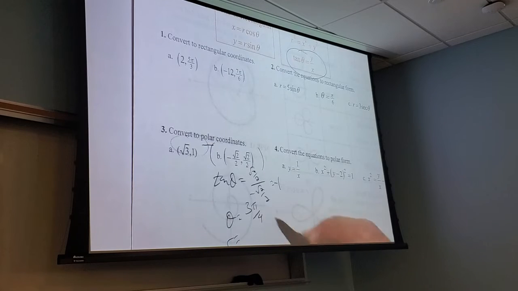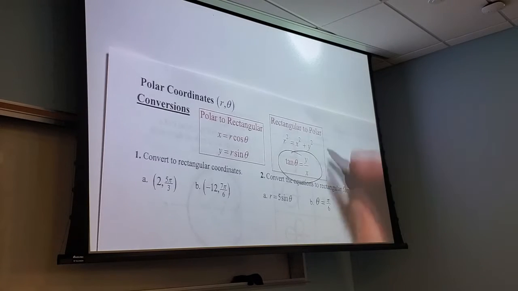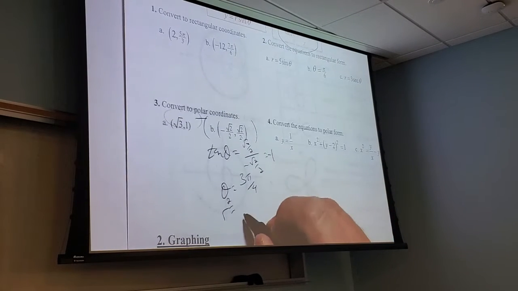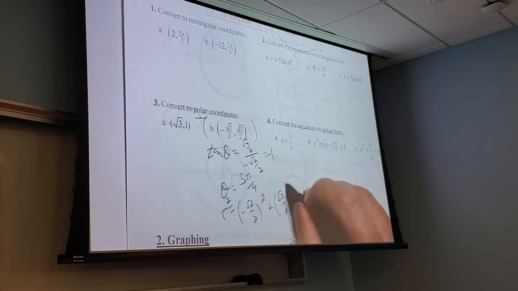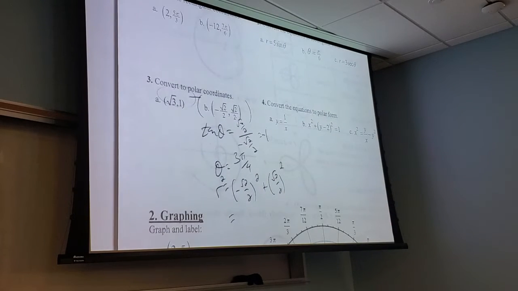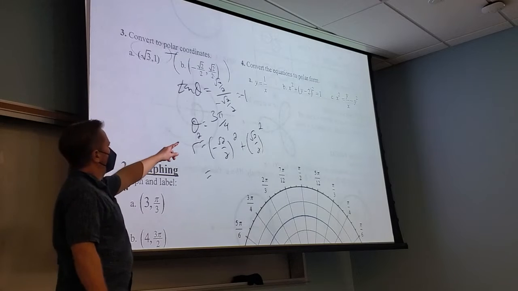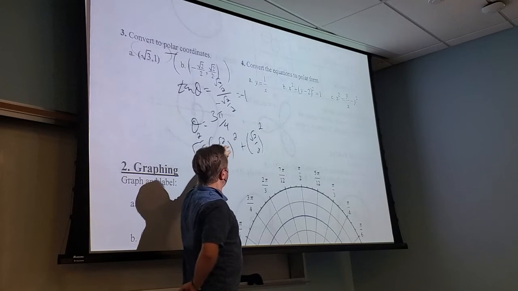So r is going to be relatively easy, yes? R squared is x squared plus y squared, right? So now you just have to square that and square that. What is rad 2 squared? 2. What's 2 squared?